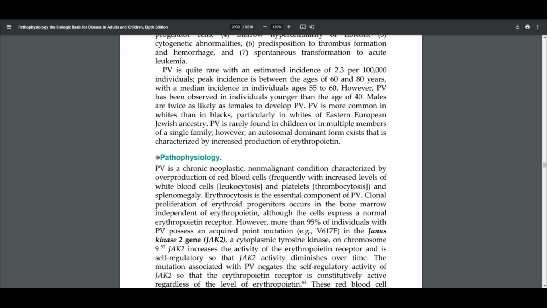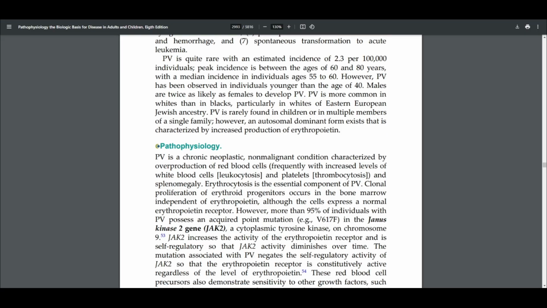Males are more likely to develop it than females. PV also is more common in whites than in blacks, particularly whites of Eastern European Jewish ancestry. PV is rarely found in children or in multiple members of a single family. However, an autosomal dominant form exists that is characterized by increased production of erythropoietin.